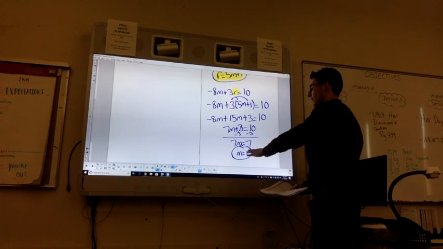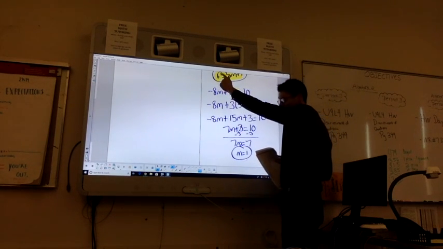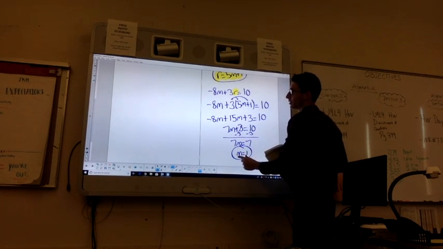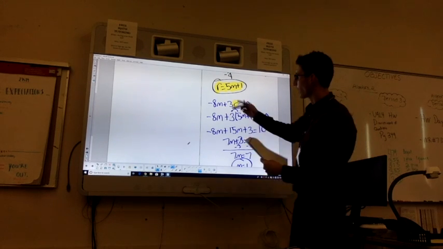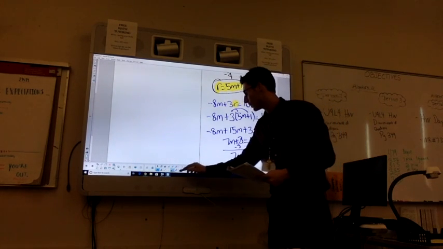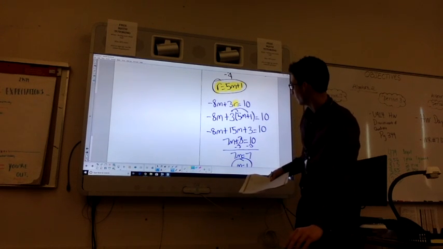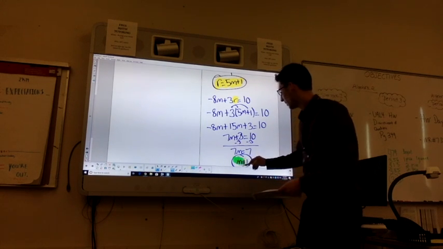Now, you might think that we're done. We found r and we found m, but we need a number for r. You see that? We found what m was. Okay? M is equal to 1. Well, if I want a number value for r, I just now have to substitute in what I just found for m, which was positive 1. Okay, found m to be positive 1.